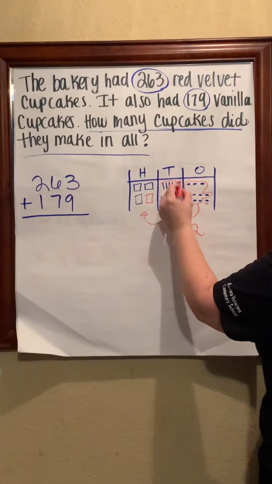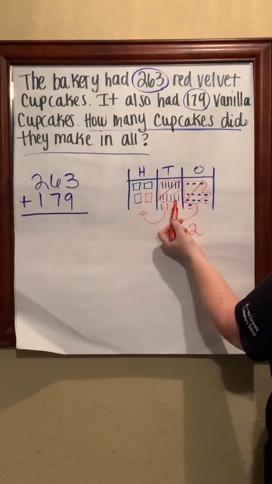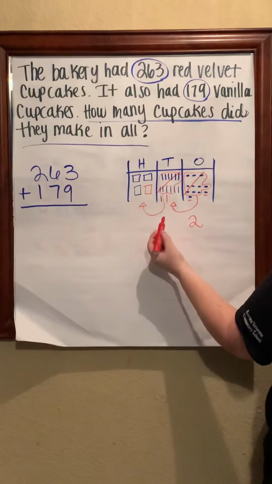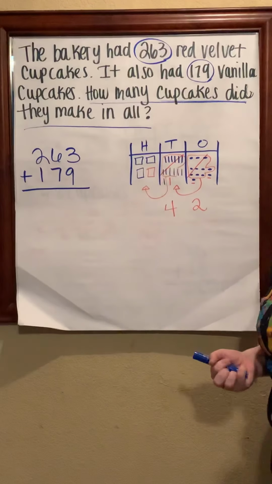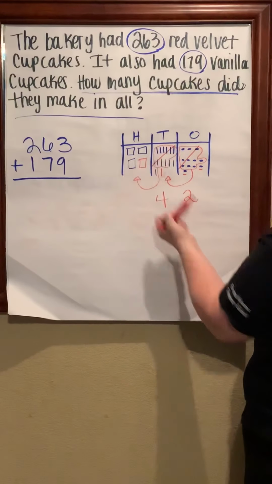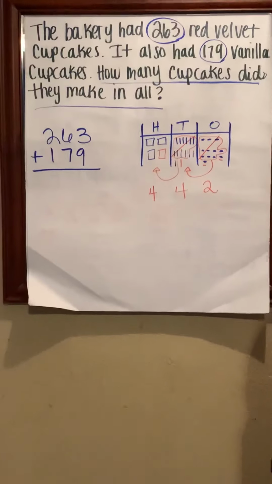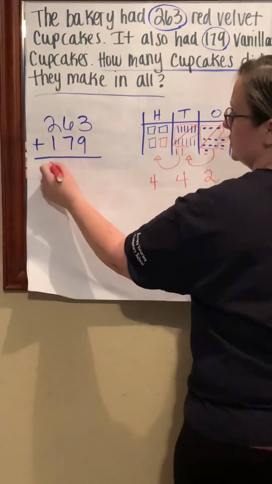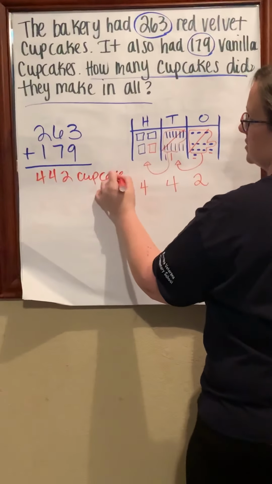So I add it over there, cross it off of that area, and now I have 4 left in the tens place. That's perfectly fine to have. Then I go over to the hundreds, 1, 2, 3, 4, and there is my answer. My answer is 442, and same thing, cupcakes.